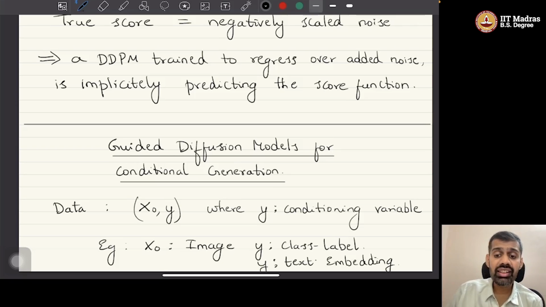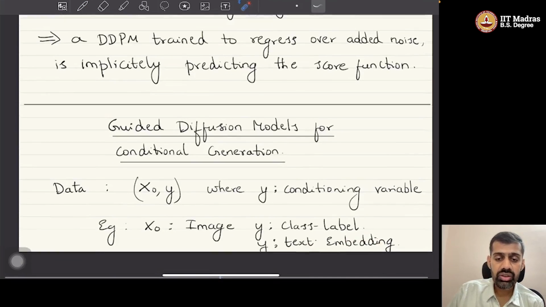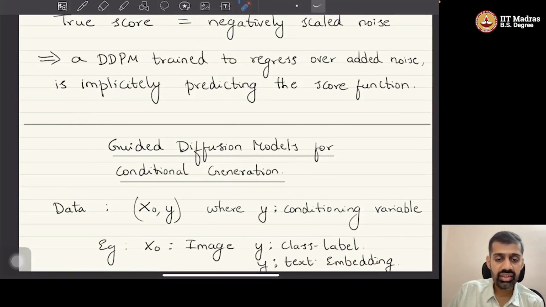So the more practical example where you are given a particular sentence and you need to generate data from that particular sentence, one can generate an embedding, which is a vectorized version of a given natural language text, and use that as the conditioning variable. Now given a natural language text or a sentence, how does one convert that into a vector called embedding?